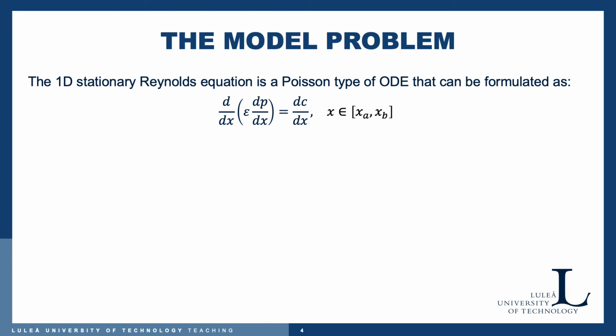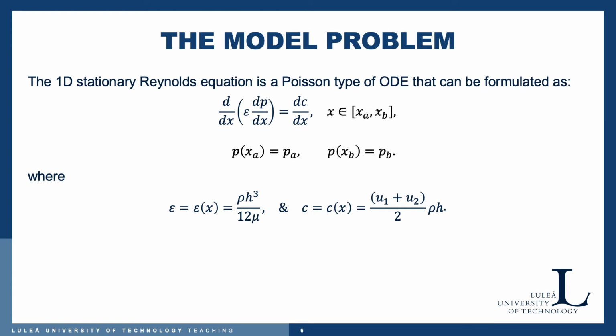So we have d/dx of a coefficient function epsilon times dp/dx equal to the right hand side dc/dx, and the domain of consideration is x_a to x_b. Now, to have the Reynolds equation exactly, we need to specify the coefficient function epsilon exactly like this, and the right hand side coefficient c exactly like this.